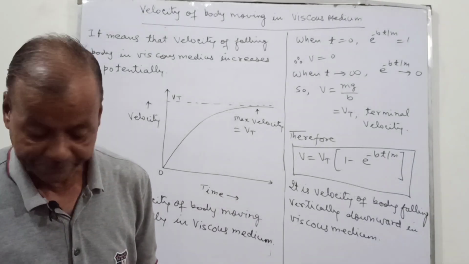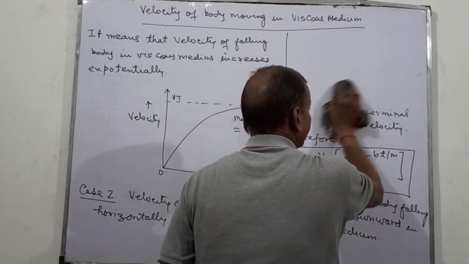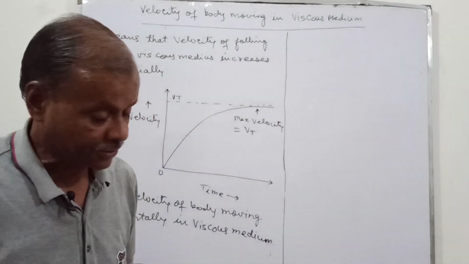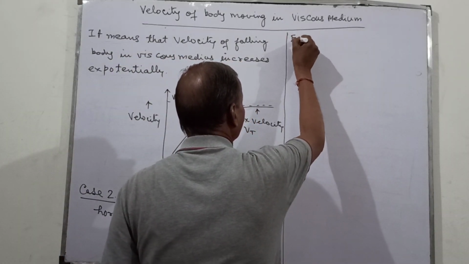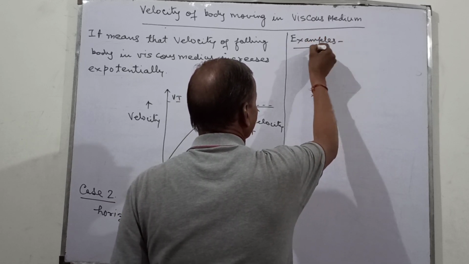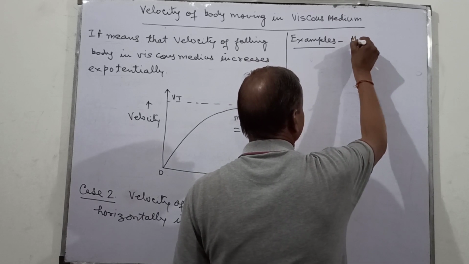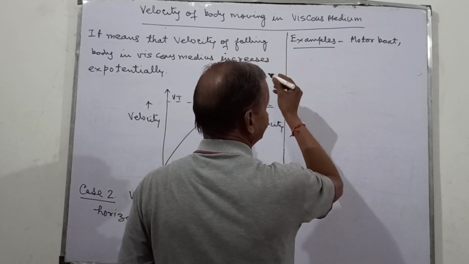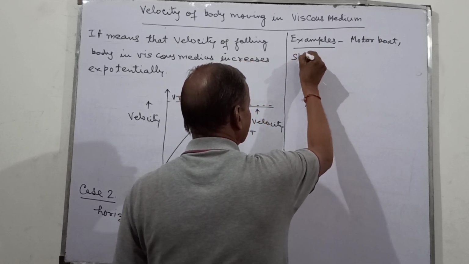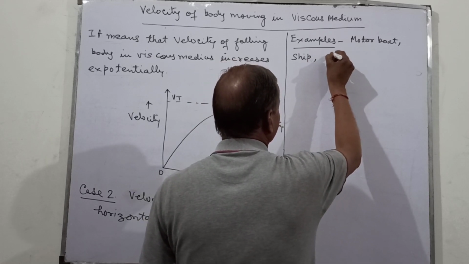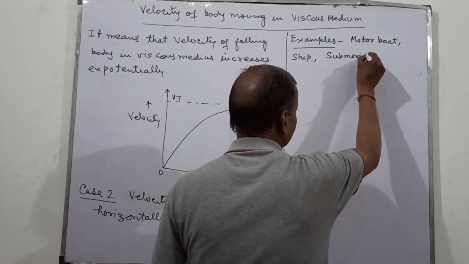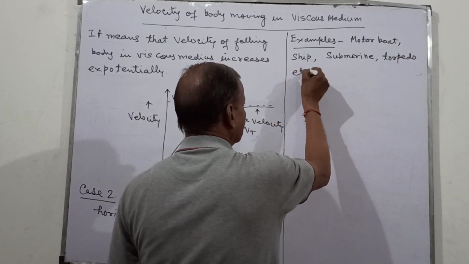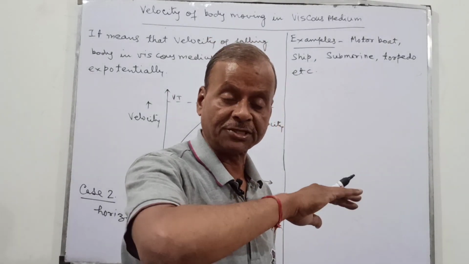There are so many examples of this kind. Examples: the motorboat, ship, submarine, torpedo, etc. Motorboat always moves on the surface of the water.